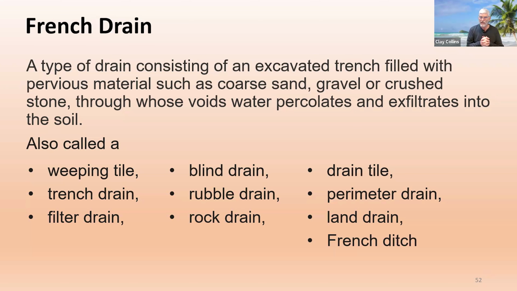A French drain is basically a trench, and it's got materials in it that will prevent or attempt to prevent the erosion as water comes down there. You saw the pictures at the beginning, the impact of that water causing the erosion, which caused the landscape to change.